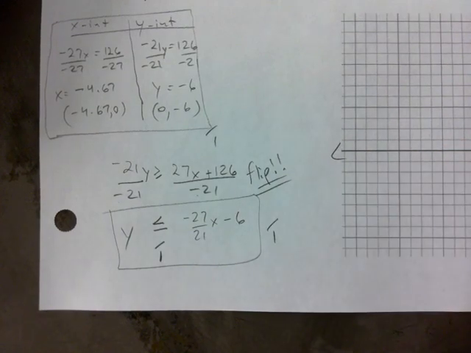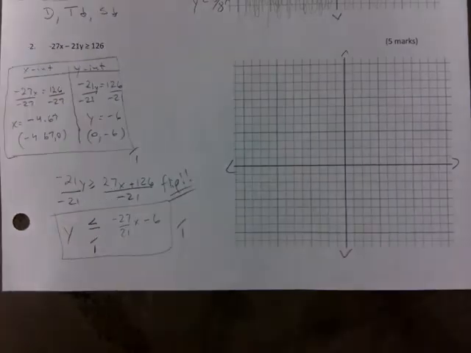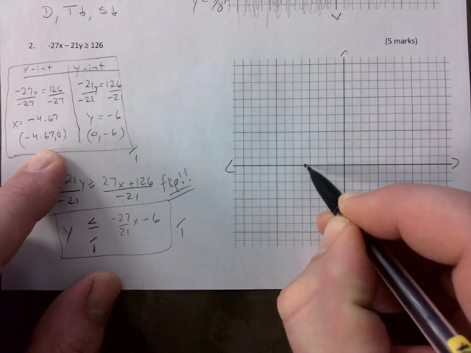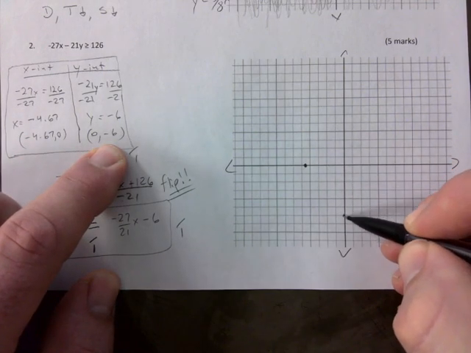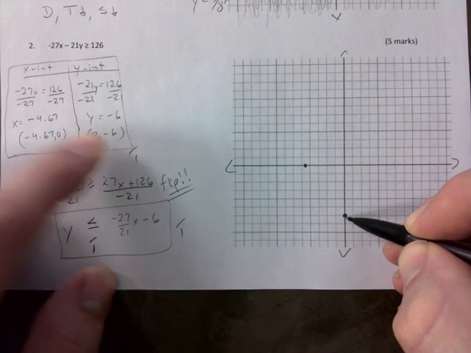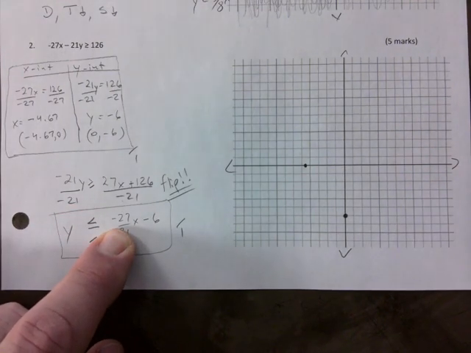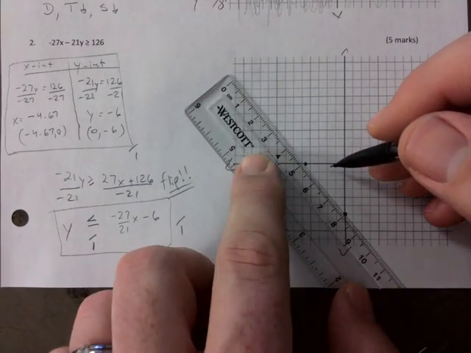I will make this a little quicker. So negative 4.67 is right about there, close to the 5. And then 0, negative 6 would be right about here. I'm looking at my slope, and this slope is going down, right? I don't know if you graph this on your calculator to reassure yourself.